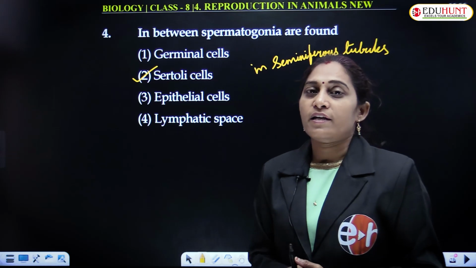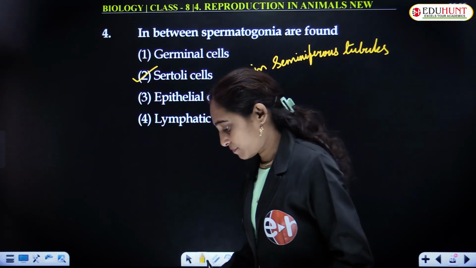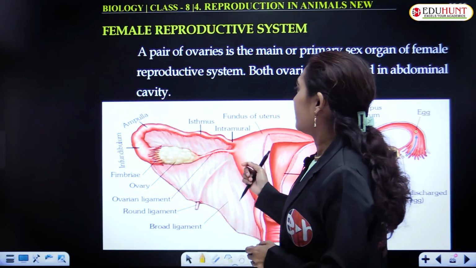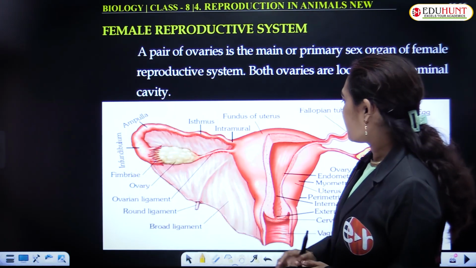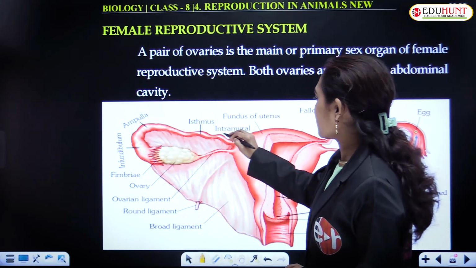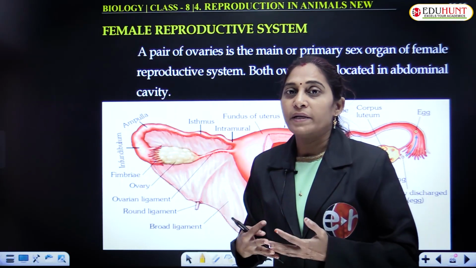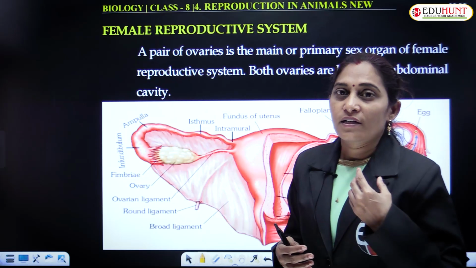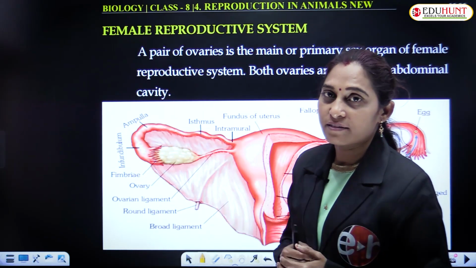Let's move on to the next topic, that is the female reproductive system. This is the female reproductive system. In this system, there are various structures related to the development of ova, the female sex cells or female gametes.